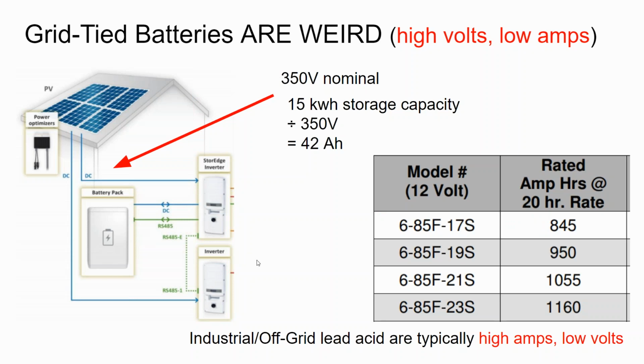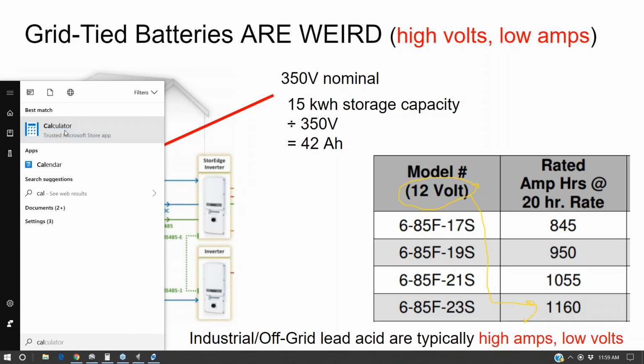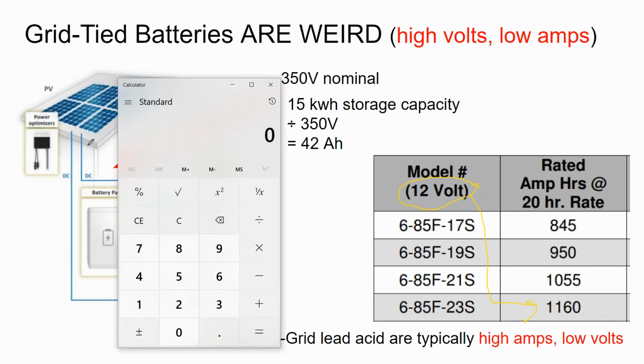The fact is, this is one of my favorite product lines for lead acid. And here's a 12-volt battery, and let's go down to their super powerful 1000 amp battery. And so what we're talking about here is a volt times an amp is a watt. So 1,160 amps times 12 volts.